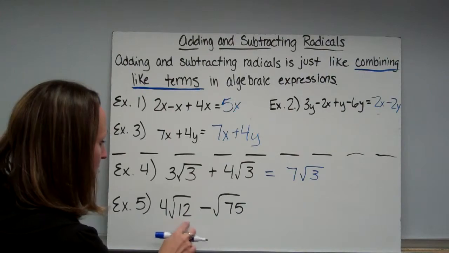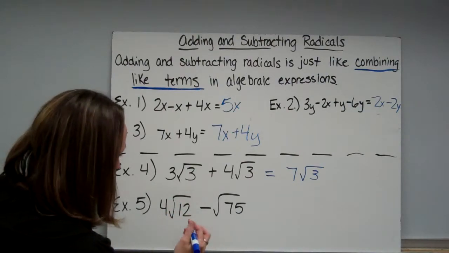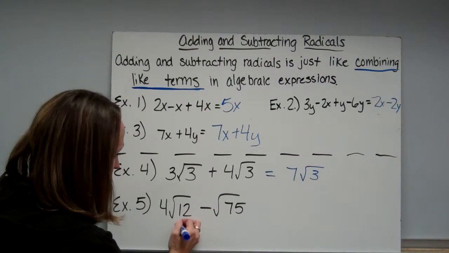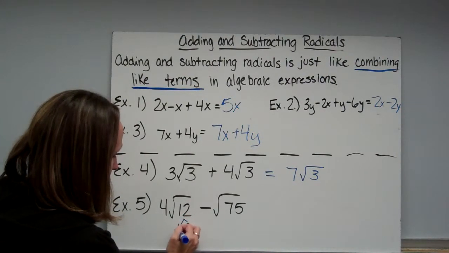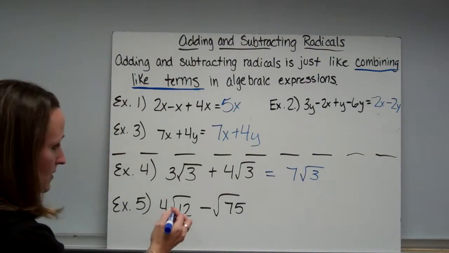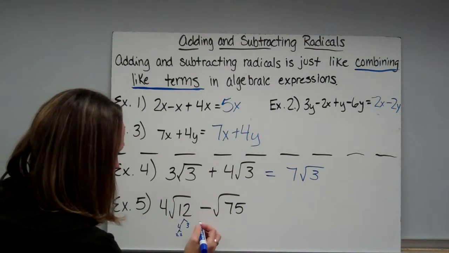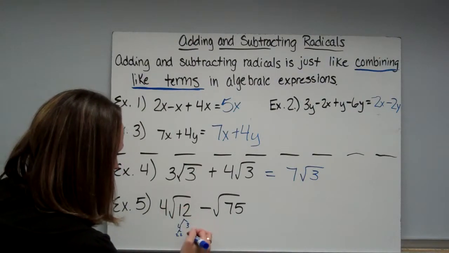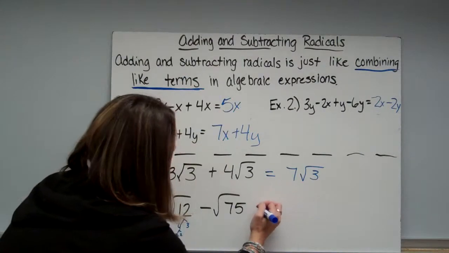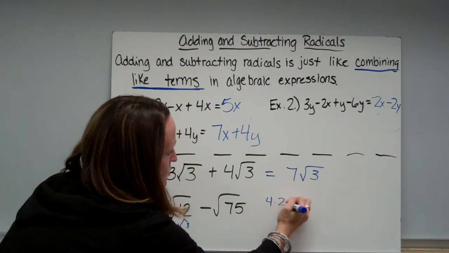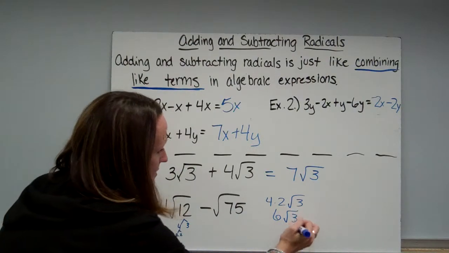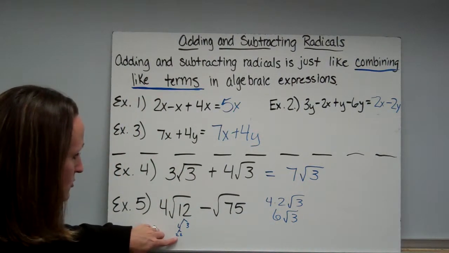So 4 square roots of 12. This I know is not simplified because 12 I could break down to 4 times 3, 2 times 2 times 3. So 4 square roots of 12 can be rewritten as 4 times 2 square roots of 3, or 8 square roots of 3, because this was a 2 squared.